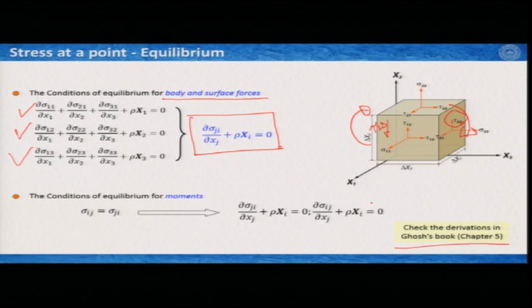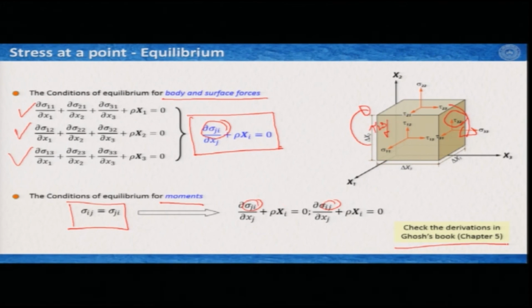So, this is the equilibrium that we consider for moments, and therefore tau 32 has to be equal to tau 23. Therefore, sigma ij should be equal to sigma ji when your body is in equilibrium, and you can simply represent sigma ji as sigma ij.